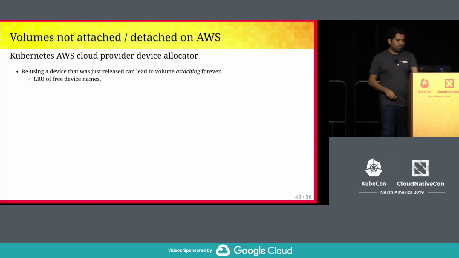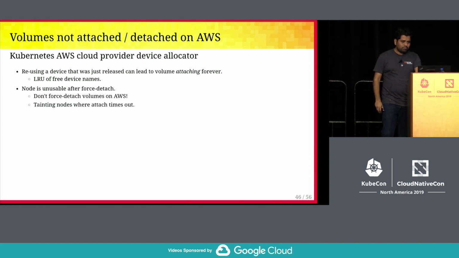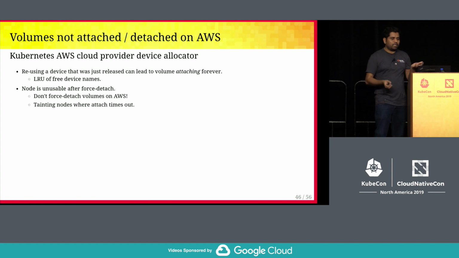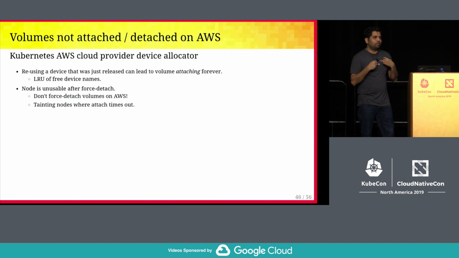So in Kubernetes, just for the AWS cloud provider, we implemented a least recently used cache of free device names so that we don't reuse a recently released device. Another thing was that sometimes SREs try to be helpful and they would force detach a volume from a node on AWS to just make the workload go, make the pod run or whatever.